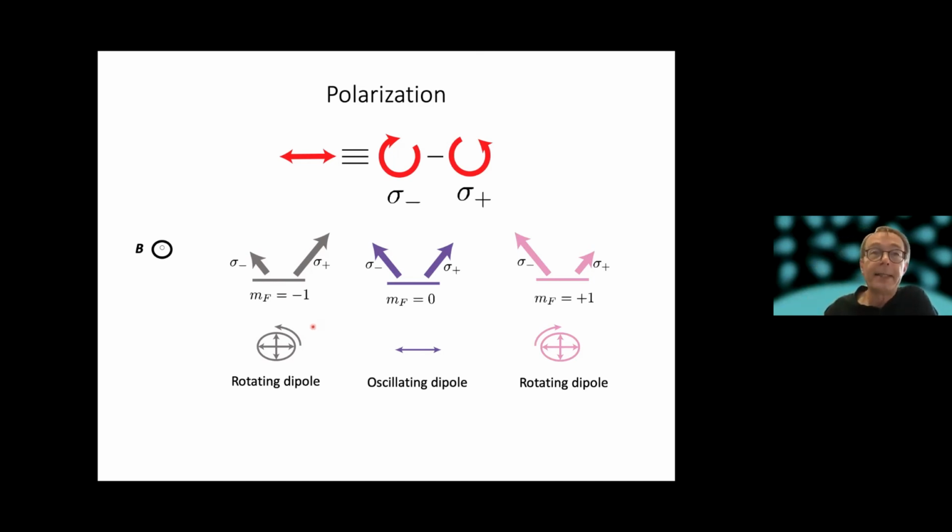Then we will see that the coupling to sigma minus and sigma plus is identical only for the MF equals 0. And then you could get an oscillating dipole, which will not scatter into the cavity. It's different, however, for the MF equal minus 1 and the MF equal plus 1 state. Those will give rotating dipoles, and they will also give a phase shift in the time phase of the light field. You can also look at it as a scalar dipole moment plus a vectorial component.